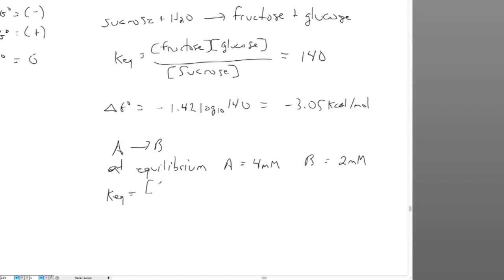The KEQ is the ratio of the product here, 2 millimolar, divided by the reactant, 4 millimolar.